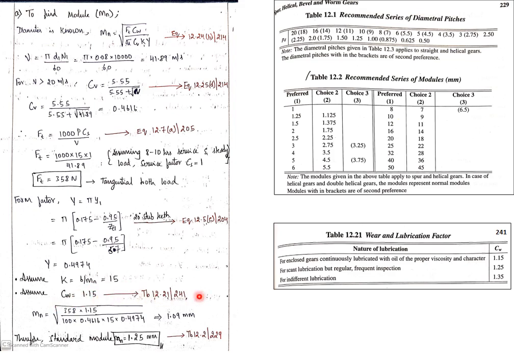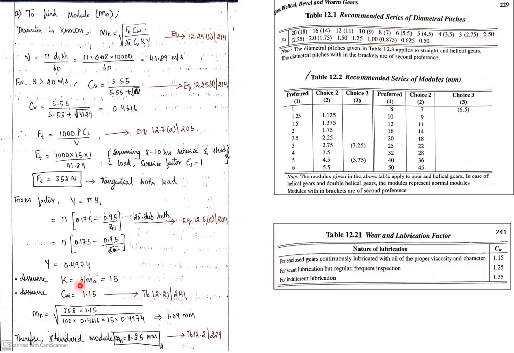This you consider from page number 241. As I have taken from here, gears are continuously lubricated with oil of proper viscosity. So we are considering 1.15 as the wear factor. Just substitute the value of the wear factor.